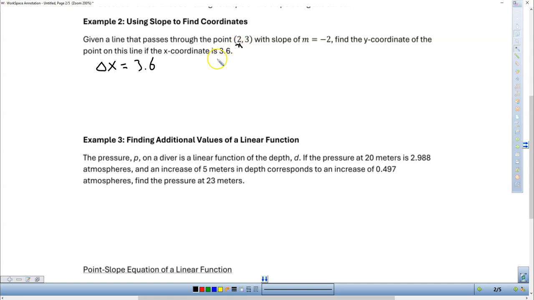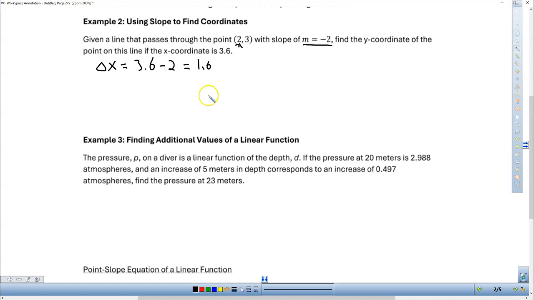So effectively 3.6 is x2 and 2 is x1. I'm going to subtract these, which gives me the change in x, a value of 1.6.